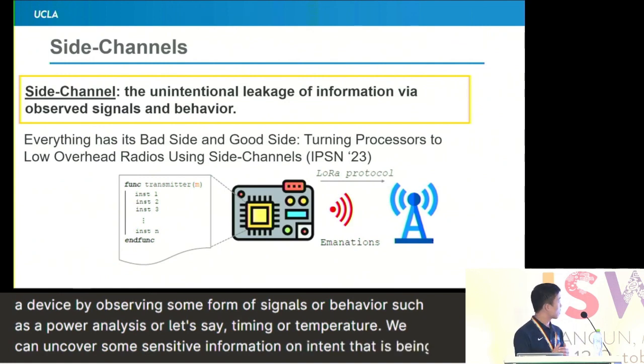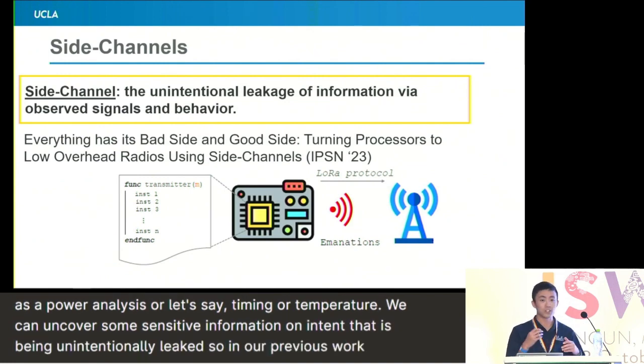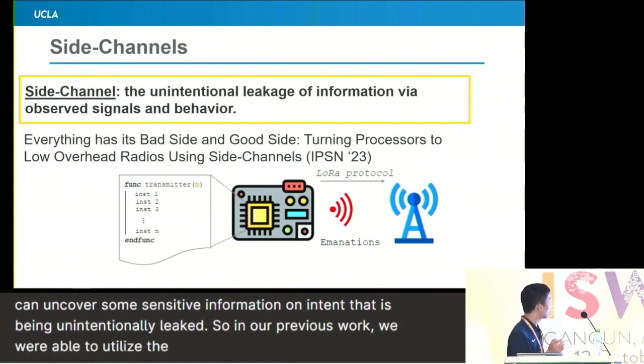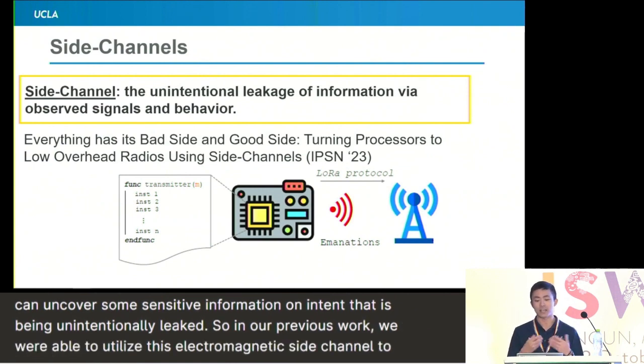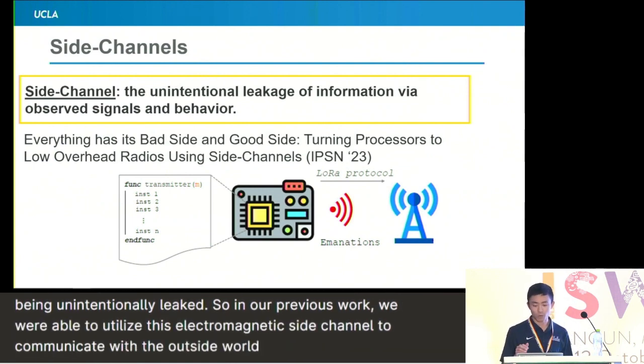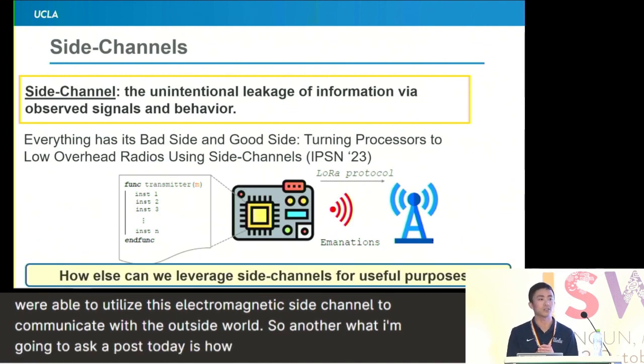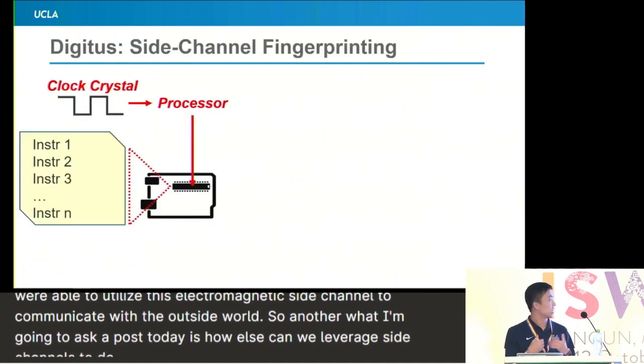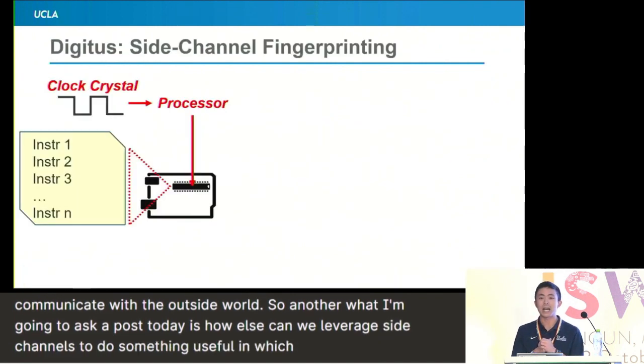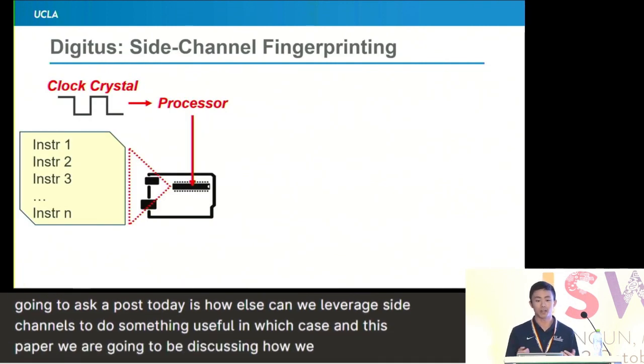In our previous work, we were able to utilize this electromagnetic side channel to communicate with the outside world. What I'm going to pose today is how else can we leverage side channels to do something useful, in which case, in this paper, we are going to be discussing how we can utilize side channels to fingerprint our devices.